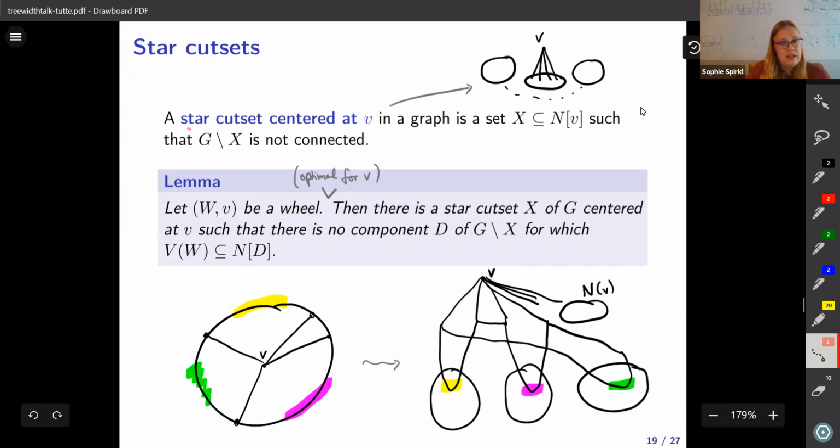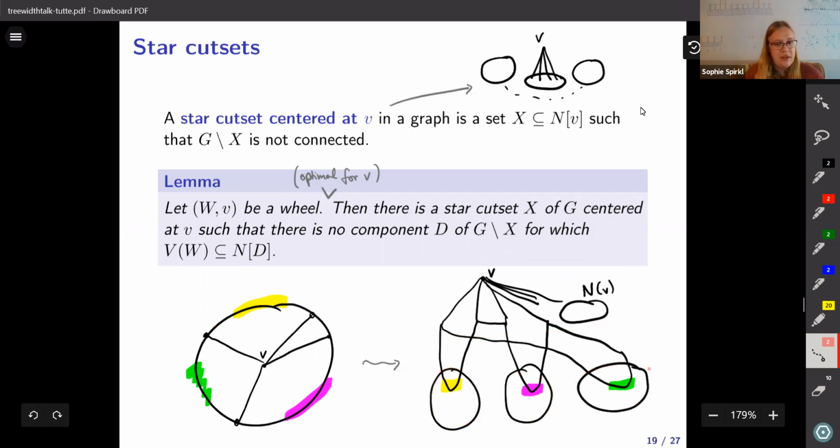So a star cut set is what we've been looking at for a bit. A cut set you get from deleting a vertex and some of its neighbors. And the thing is, in our class of graphs, if you look at a vertex V that's a hub for a wheel, and you delete V and its neighbors, then the wheel breaks, in the sense that in this other picture where we deleted V and its neighbors, there are some components you get in the rest.